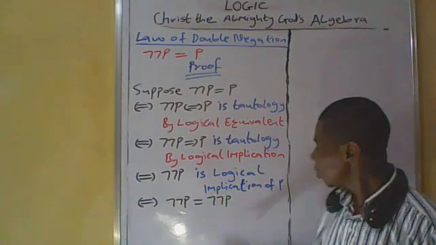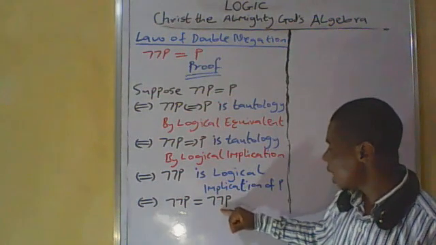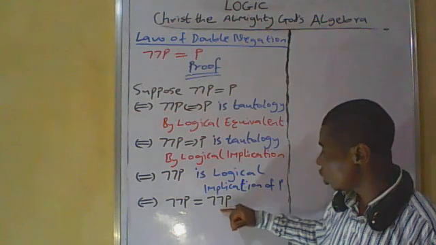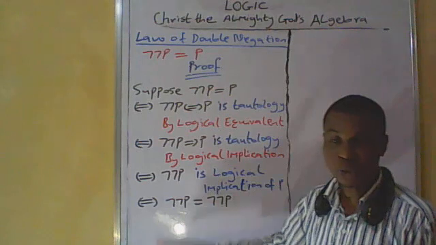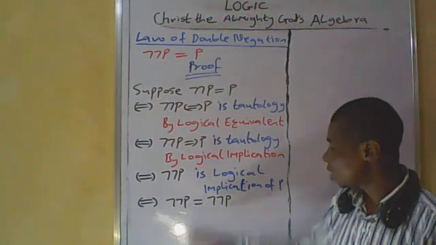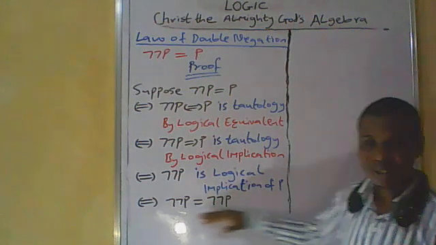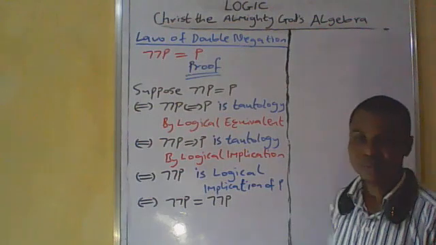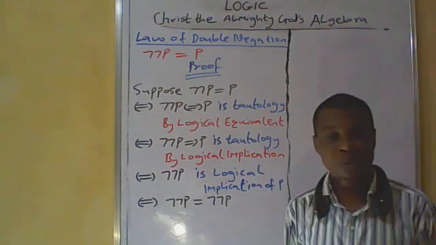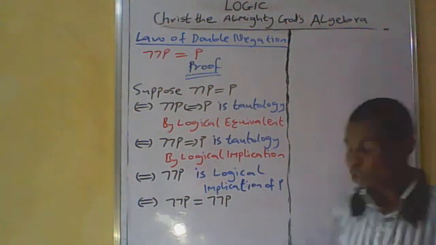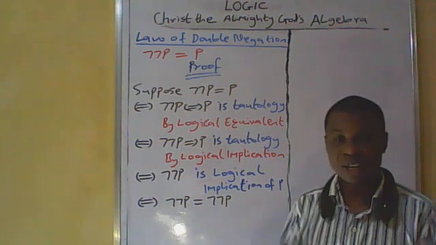In the same vein, whenever not P on the left side of the equation is false, also not P on the right side of the equation is false. We say that it is logically equivalent. That means it is true that both sides of the equation are equal. So it is being justified by identity and sameness.